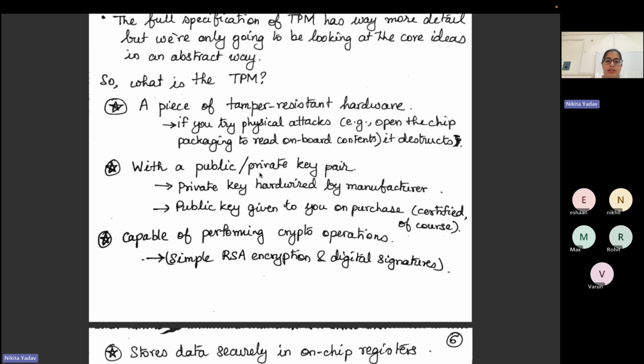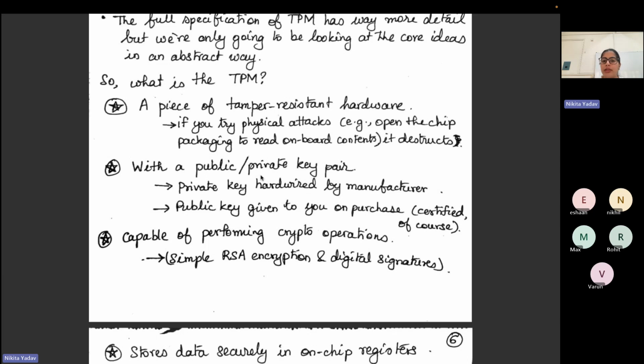This key is embedded inside the hardware by the hardware manufacturer, for example, Intel, ARM, etc. And this private key is only hardwired inside the hardware and is not even known to the hardware owner. In this case, the hardware owner is your cloud provider.